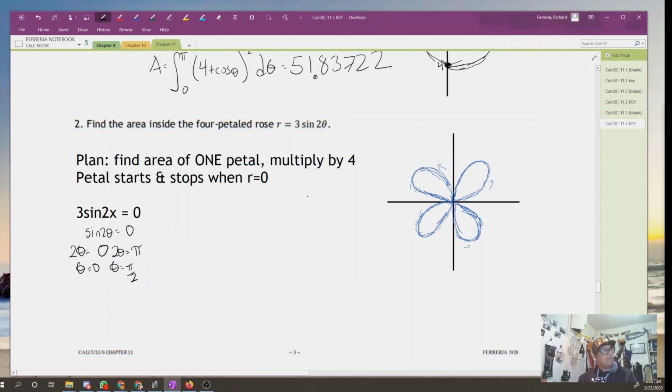One petal, that's going to be equal to the integral from 0 to pi over 2 of 1/2 r squared d theta. So 4 petals then, that's going to be 4 times that same integral.